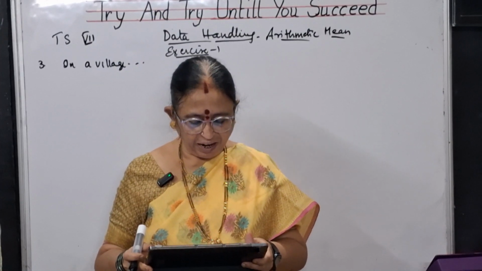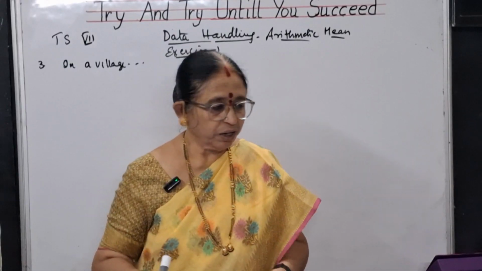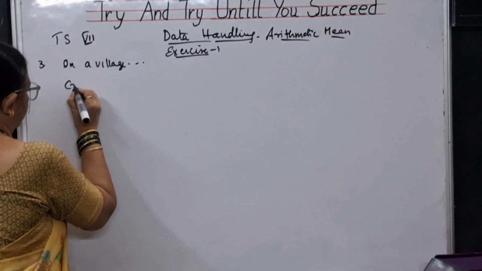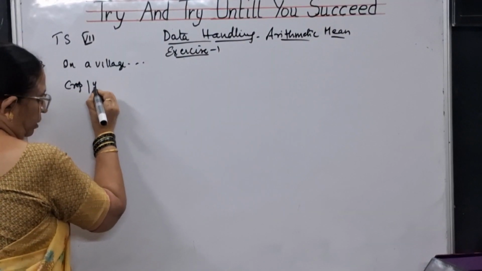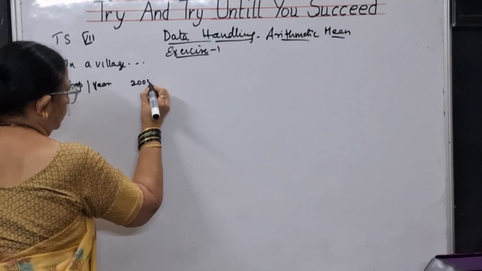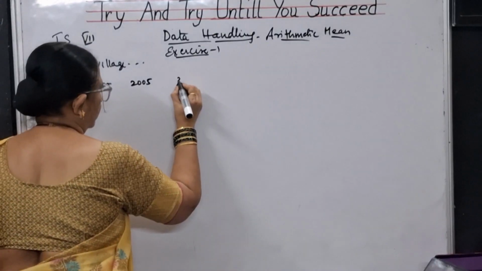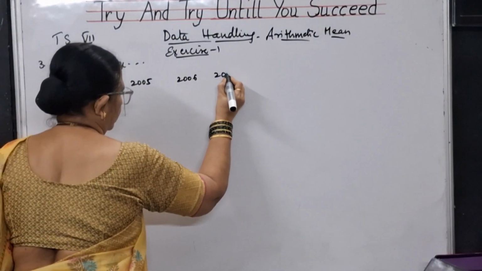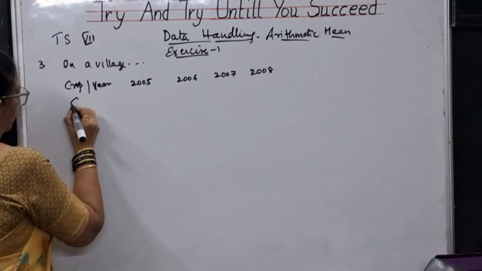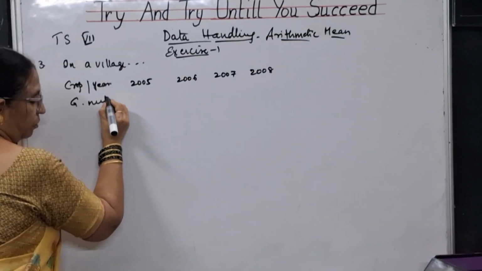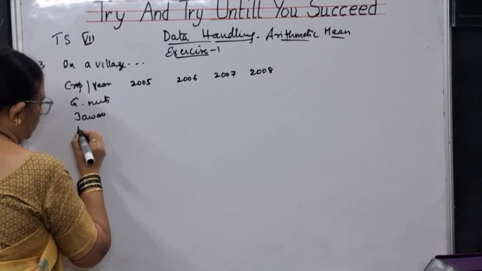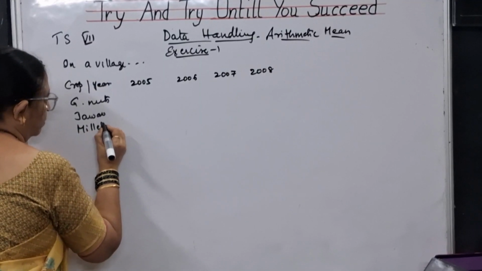The first one is to calculate the mean profit for each crop. So, what is given? I'll write it here. Crop per year table: 2005, 2006, 2007, 2008, and groundnuts, jawar, millets.